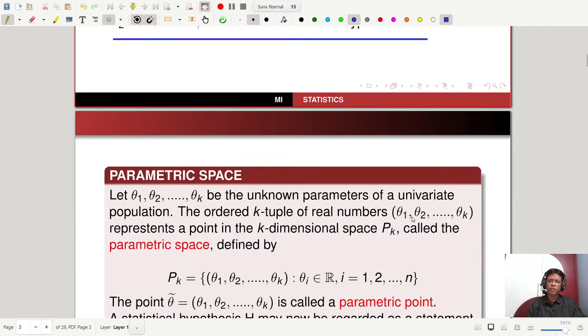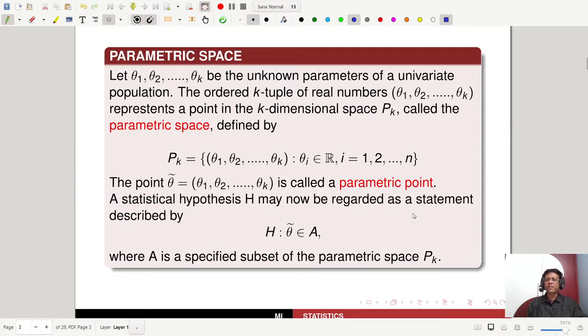Now, I will define another concept, or give you the concept of parametric space. Let theta 1, theta 2, etc., theta k be the unknown parameters of a univariate population. These are all unknown parameters.